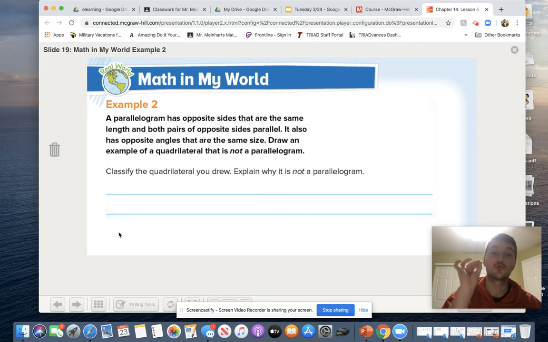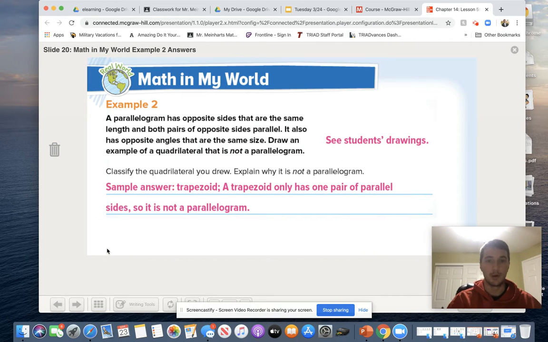If you need to look back in your notes or previous lessons, do that. Then draw an example of a quadrilateral that is not a parallelogram. Pause the video, do that now, then explain why.